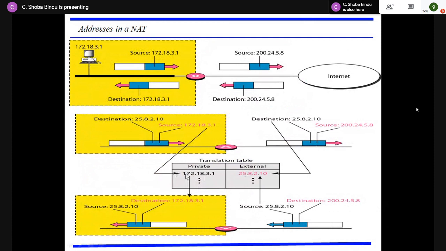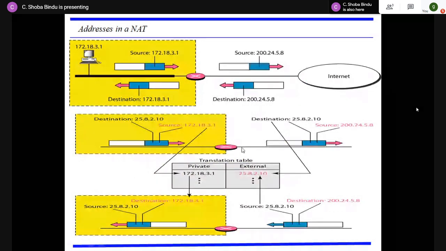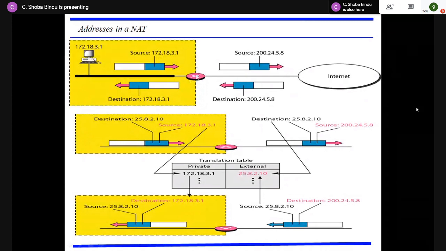So that will be loaded into the table here. When it is routed out, it replaces this IP address. This is the private IP which will not be known to the outside world, so it has to be replaced with the public IP. This router is given the public IP, so it replaces this with its public IP, and then it transmits it to the outside world.